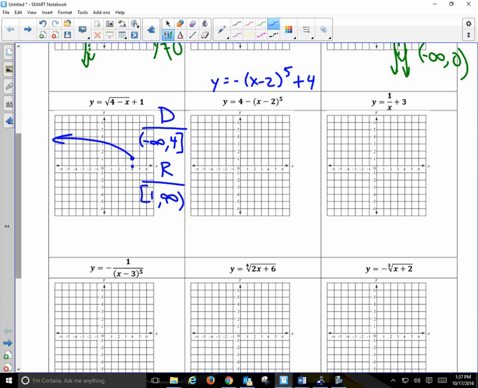Might help you understand better how to graph it. So a 5th degree polynomial will look like what other one? The 3rd degree, exactly. So what are our shifts here? What are our transformations? And then a vertical flip. Domain, all real numbers. Range, all real numbers.